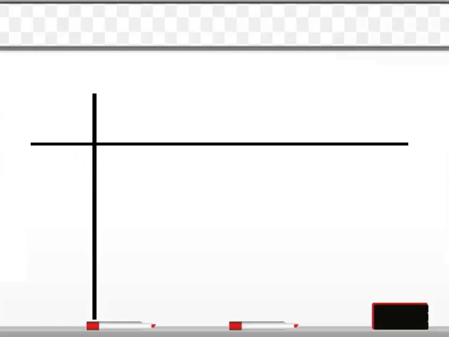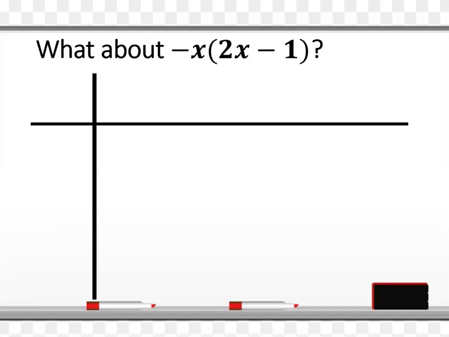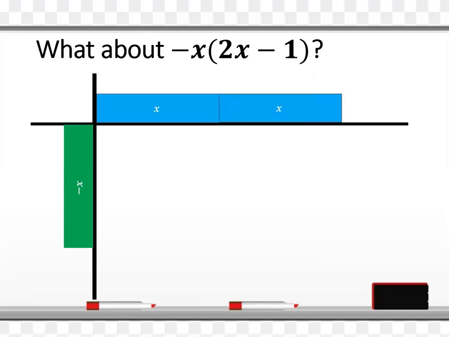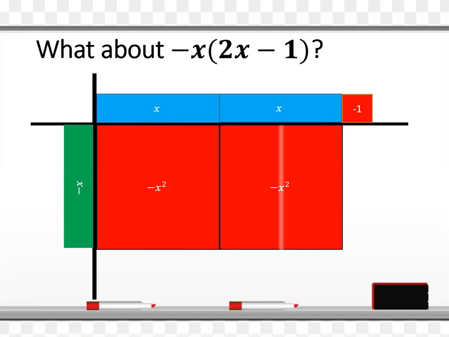Now our next example is -x times 2x minus 1. Let's see what this modeling would look like. Do you agree?